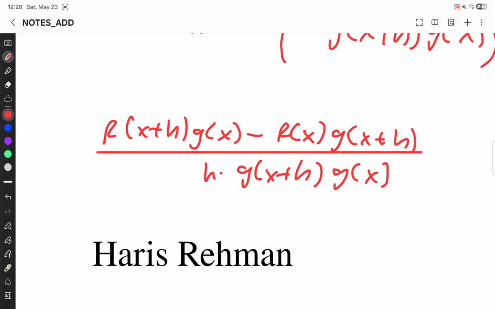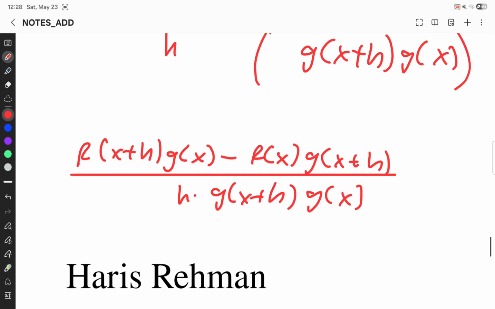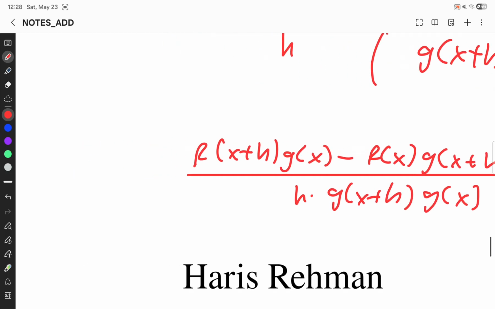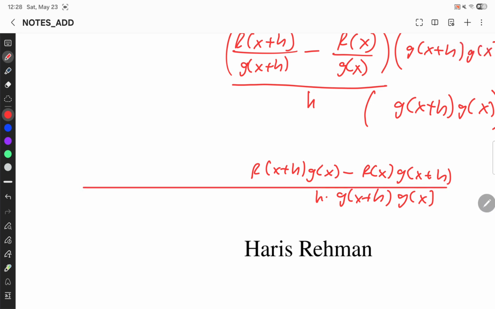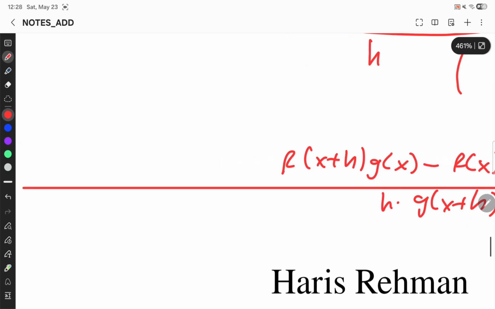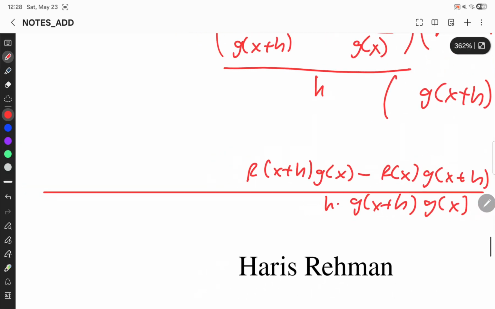This looks awfully similar to how we did the multiplication, but now it's a little different, and we will do something different also by adding and subtracting some terms and then simplifying further.